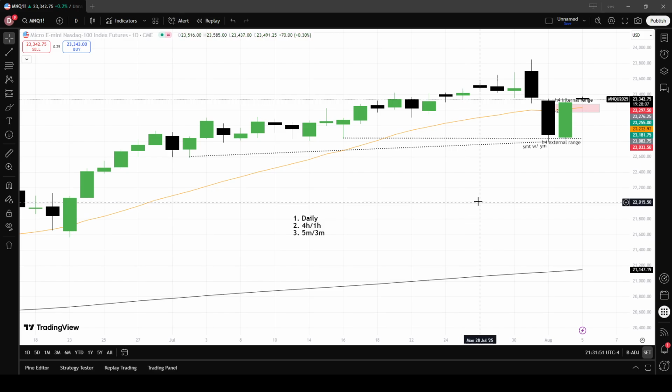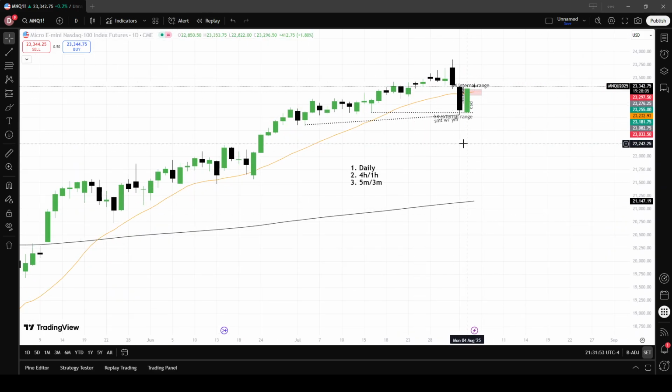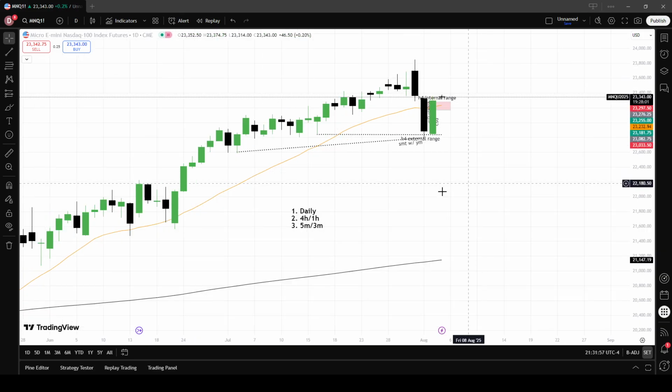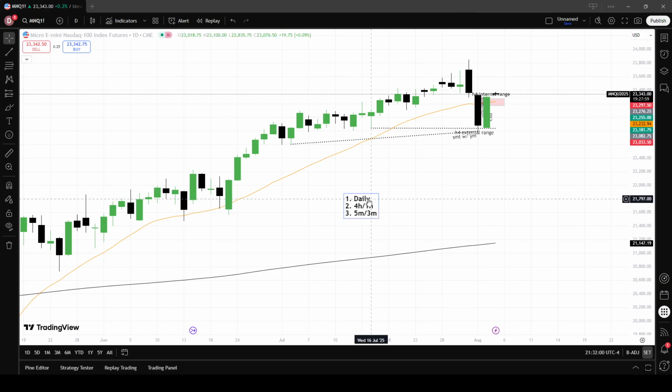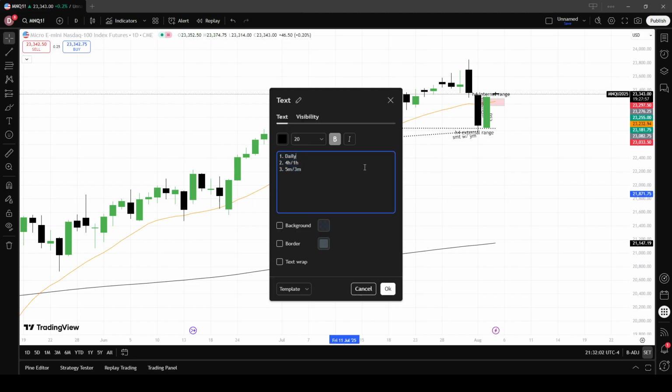So on the daily time frame, I'm looking for the bias, whether I think it's gonna be an up close candle day or a down close candle day, right? And on the daily, I'm either looking for a stop hunt or SMT, and this is the same for the 4 hour and 1 hour.